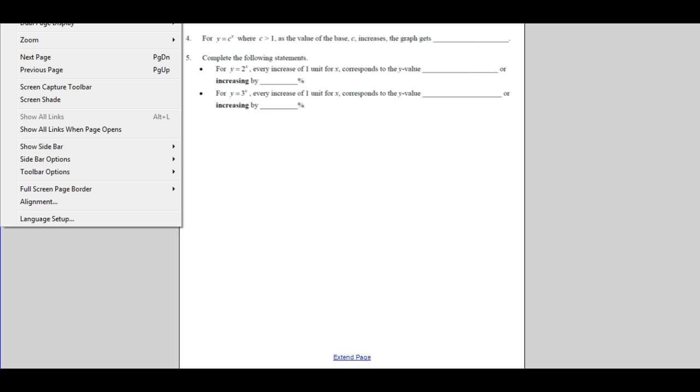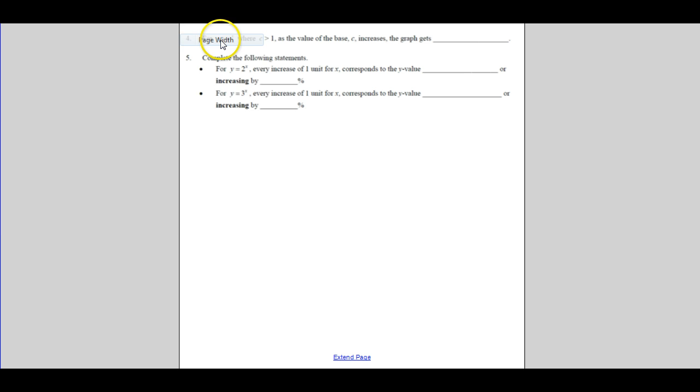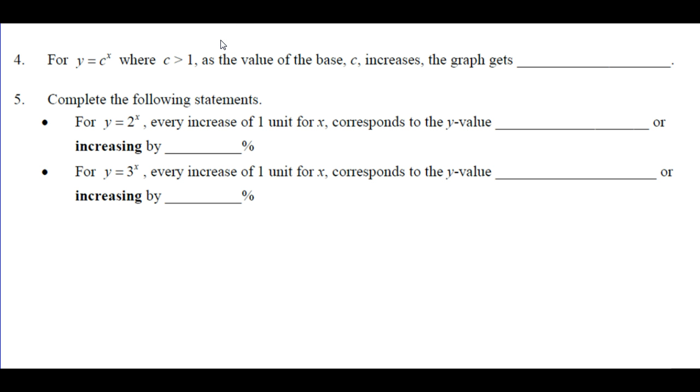So what do we see from this? For y equals c to the x, where c is greater than 1, and c is the base, as the value of the base c, the base of the exponential function, I think in the book they're going to call it b, increases, the graph gets, so as c increases, the graph gets what?